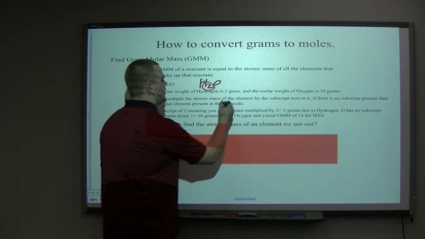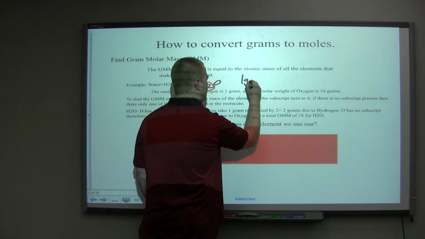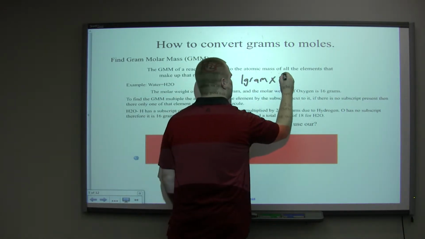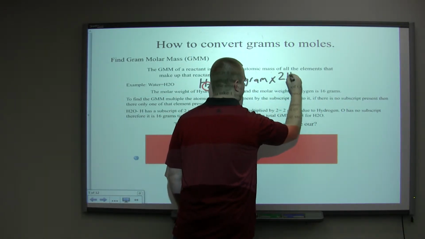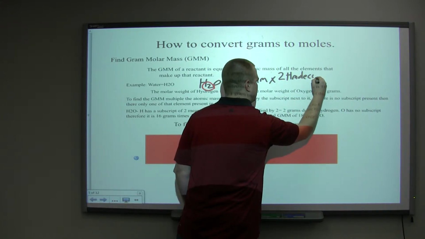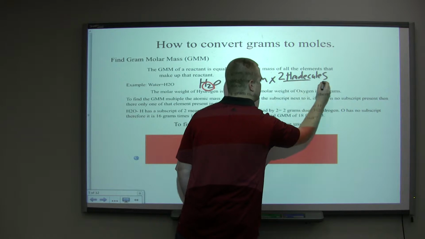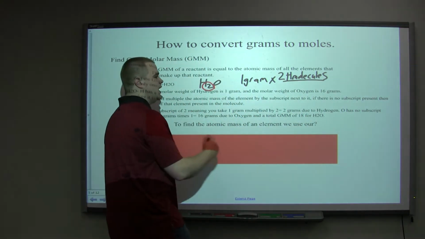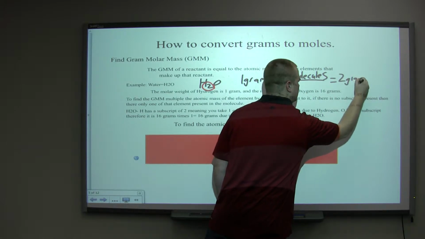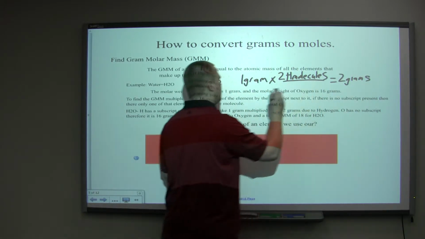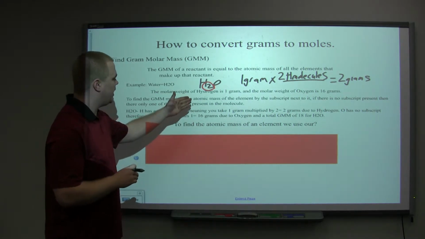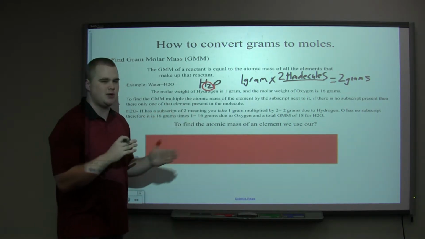So, you take 1 gram times 2 hydrogen atoms and you get 2 grams for the gram molar mass of hydrogen just in water.